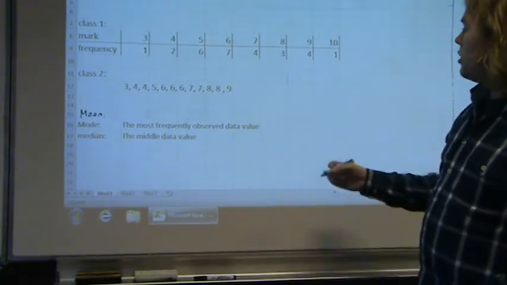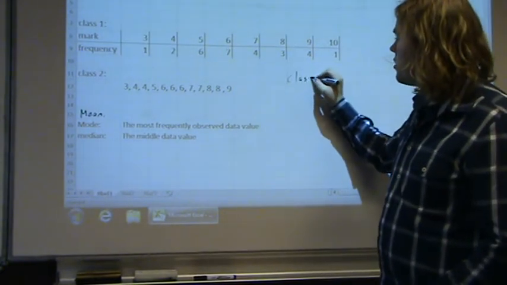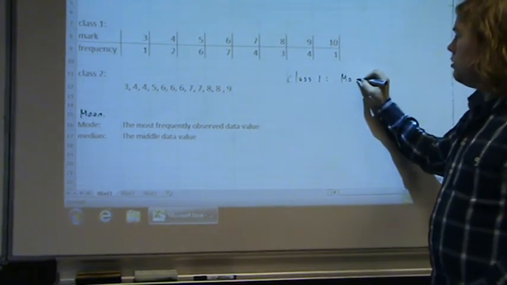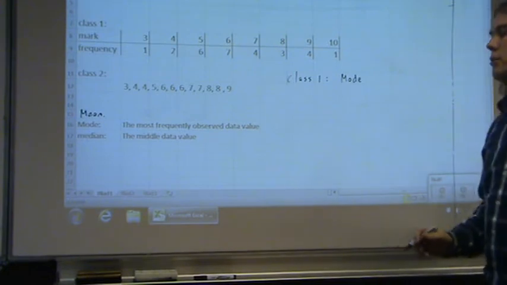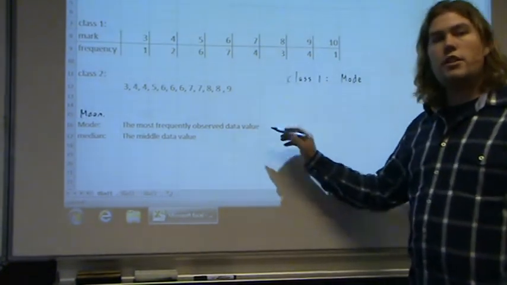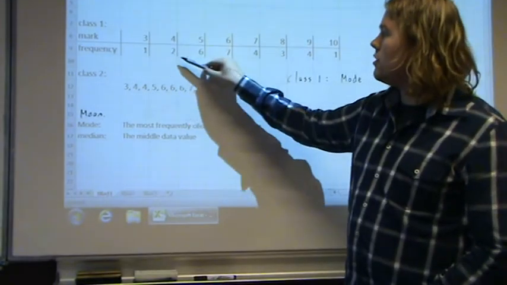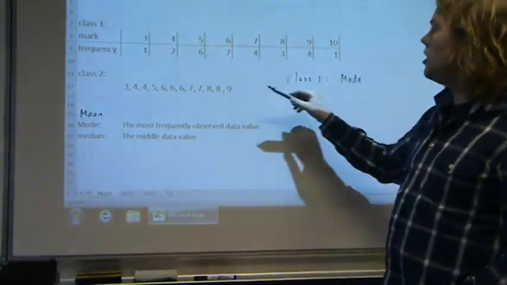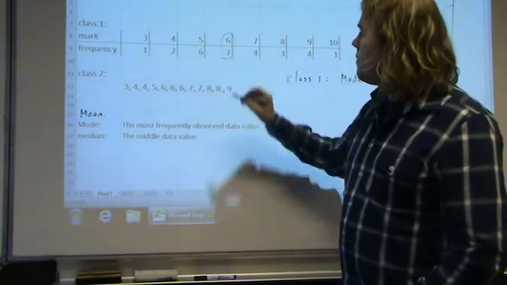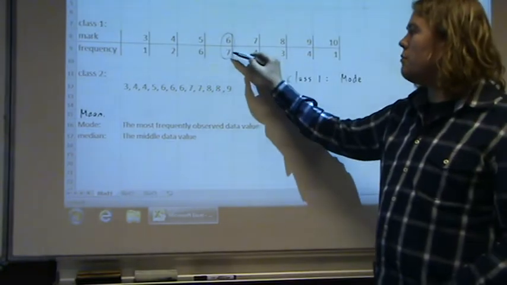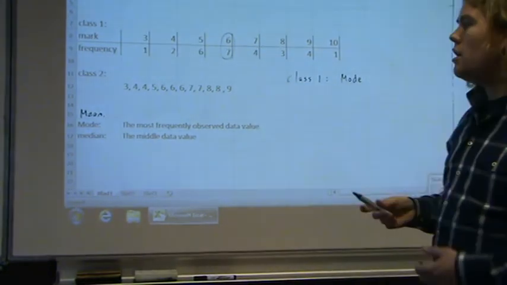So first we're going to do class 1. I want to know the mode, and the mode is the most frequently observed data value. That means that it's the one that occurs the most. So if you look at this, frequency 1, 2, 6, 7, 4, 3, 4, 1, then this here is your mode, because you have 7 people who have a 6, so that's the biggest amount of people.